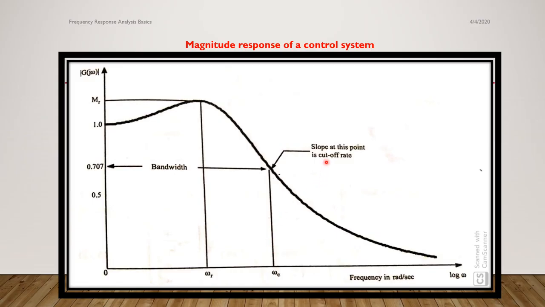The cutoff rate is the slope of the frequency response near the cutoff frequency, as shown in the figure. Note that the frequency is in radians per second.